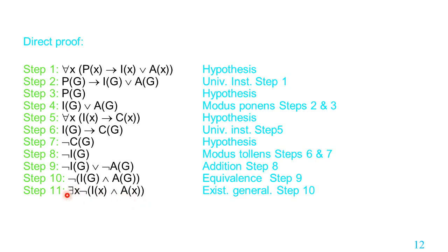That means there exists a person who is not intelligent or not a good actor. This is our conclusion. That means a person cannot be both a good actor and intelligent.